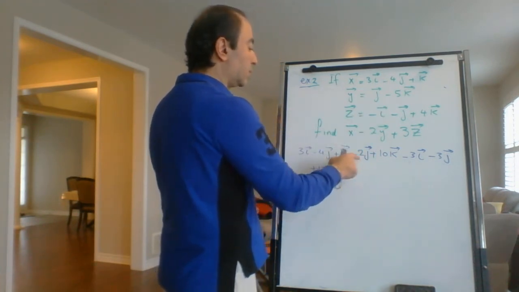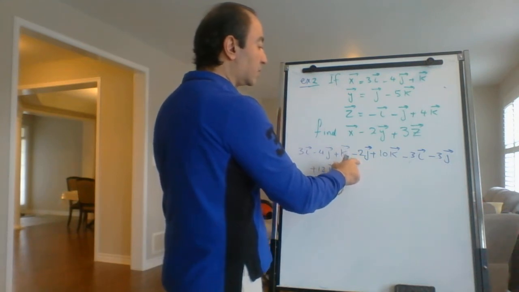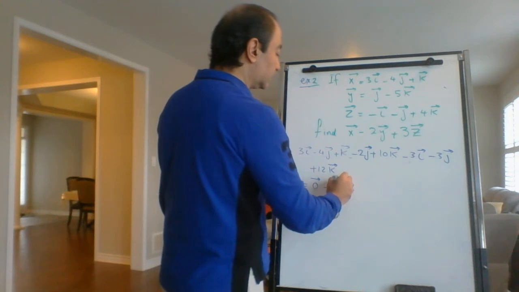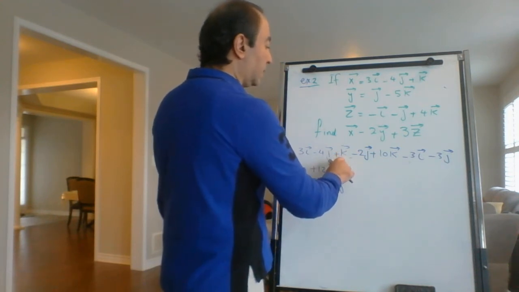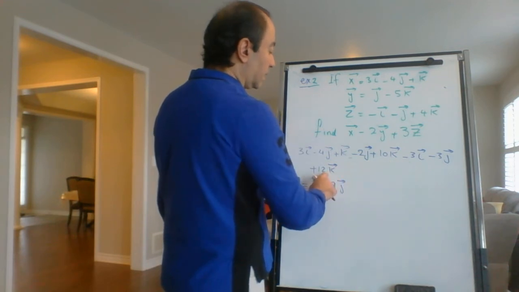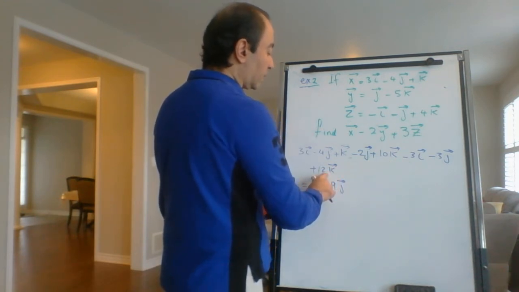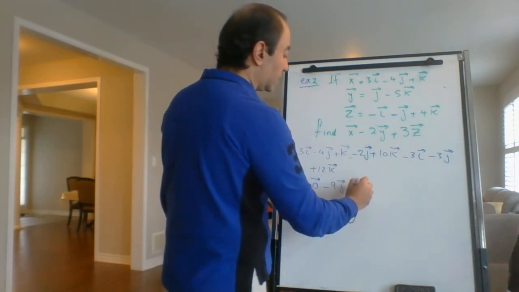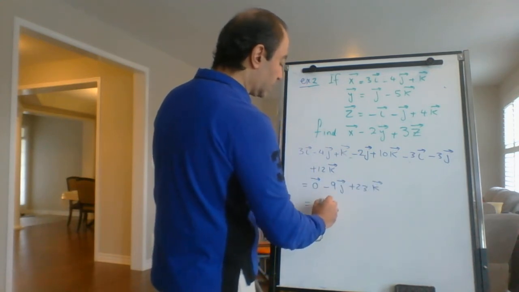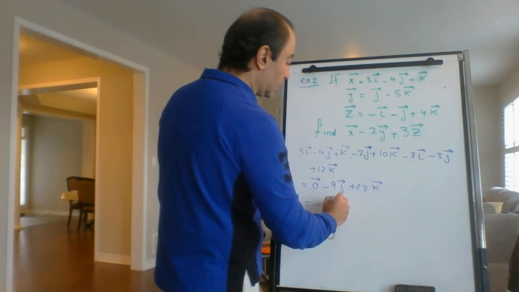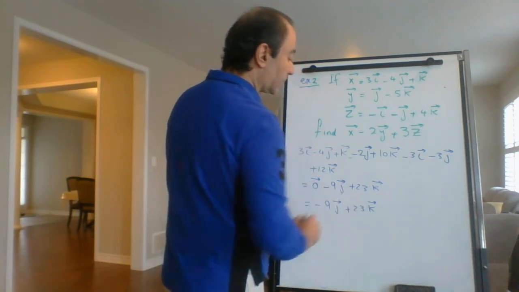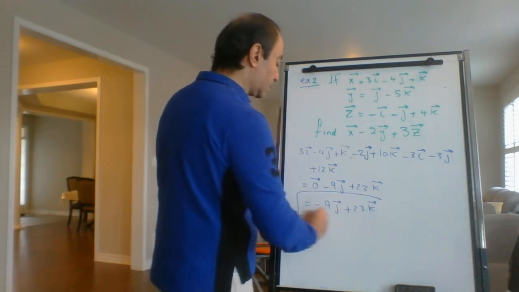So negative 4j minus 2j is negative 6j minus 3j is negative 9j. k plus 10k is 11k plus 12k is 23 times vector k. So the resultant is negative 9j plus 23 vector k. Okay, this is the answer.